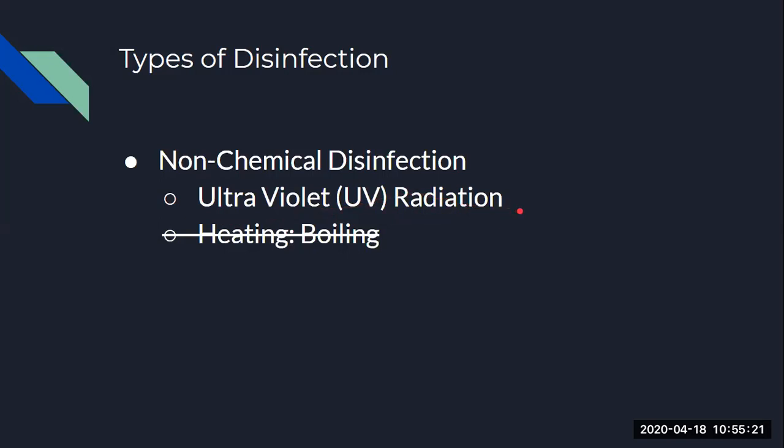It's usually used in a lot of developed countries. They use it as a means of primary disinfection, which is what we will discuss next, primary and secondary disinfection. In some of these places, it's used for primary disinfection. And basically what it is, if you look at the videos again, I encourage you to look at the videos, is light.